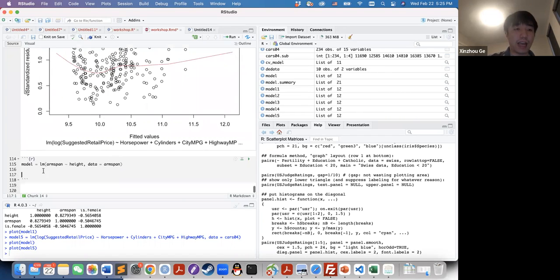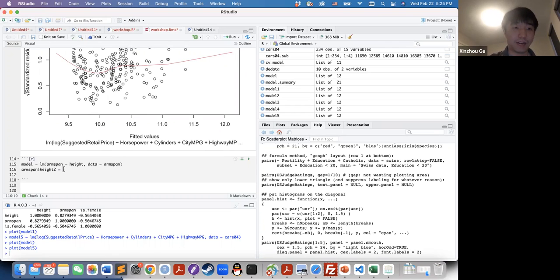However, if we add an extra column, maybe we can add height 2. For example, if the first is the height in inches and the second is the height in centimeters, then there will be 2 heights, but they mean the same thing, so they will be perfectly correlated.